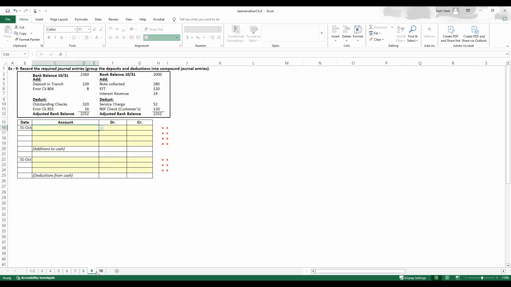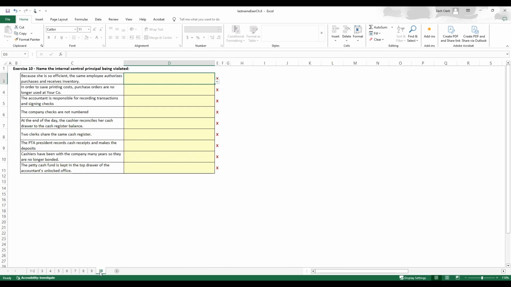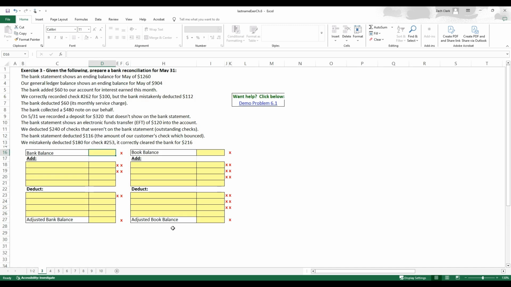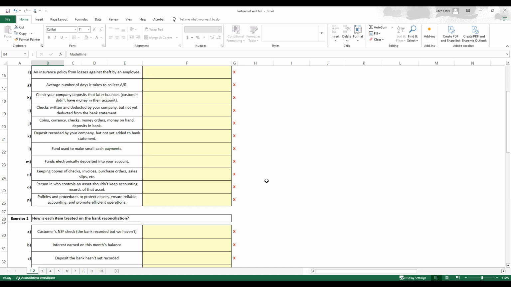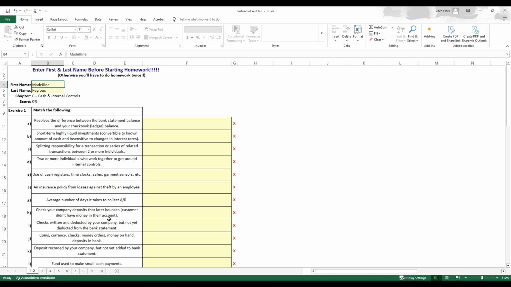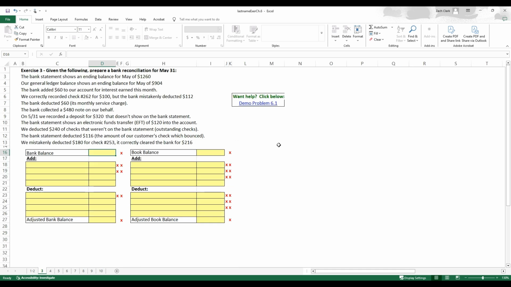Yeah, a lot of bank reconciliations is going to be the primary focus, so let's dive into it. So here I'm going to start on the exercise 3 tab, so I'll let you all work through the drop down problems and the matching, etc. But let's do some bank reconciliation.